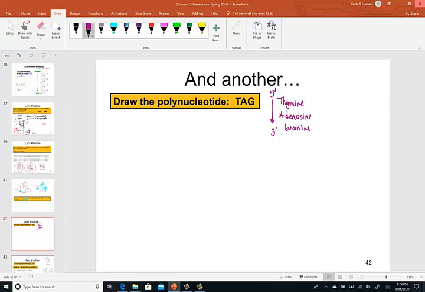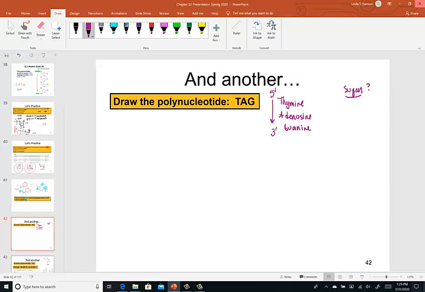What about the sugar? Since we were not given the names of the nucleotides specifically, we have to be a little bit of a detective and decide, is this going to be a polynucleotide of a DNA or of an RNA?